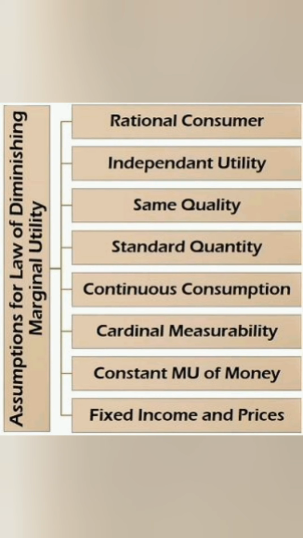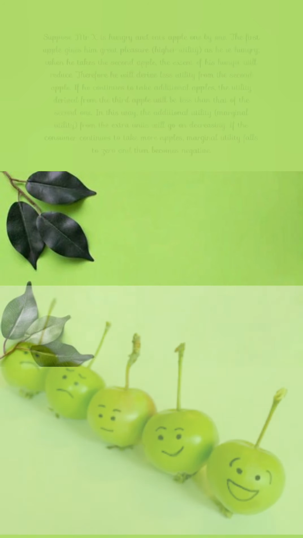It is assumed that the marginal utility of money spent on the commodity is consistent throughout the process. Eighth assumption, fixed income and price. It is believed that the income level of the consumer remains constant and even the price of the commodity does not change.